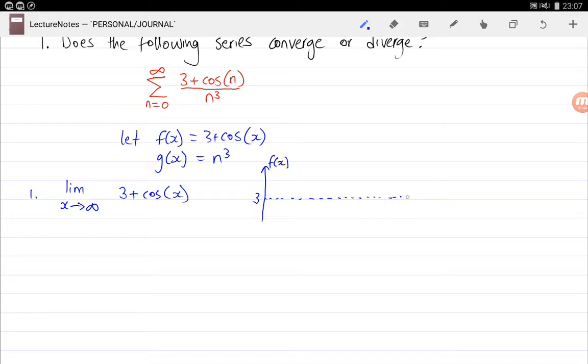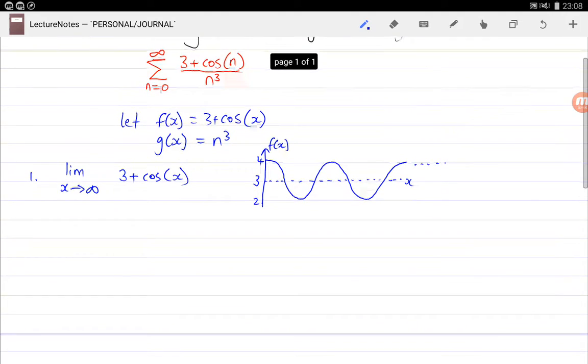I'm just gonna draw the cos function with amplitude of 1. It looks something like this, and then it goes like this. This pattern follows all the way up to infinity, because that's our cos function. It doesn't really blow up as x gets bigger. And here we're gonna have 4, and there we're gonna have 2. I hope that's easy to understand why we have that.